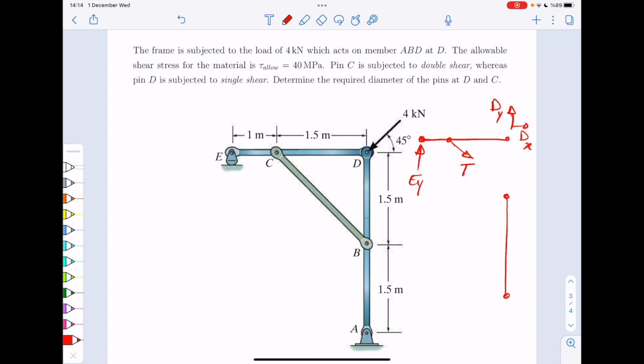So let me just draw it in the opposite direction, so that it makes more sense. So let's say this is dy and dx. And then this dx is the opposite of what we had there, and dy is the opposite of what we had there. And the force 4 kilonewton, we just apply it here.